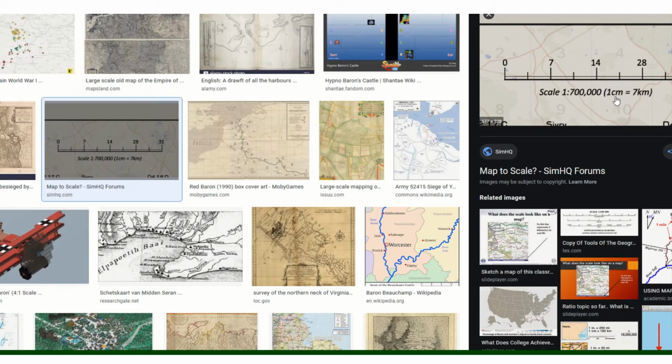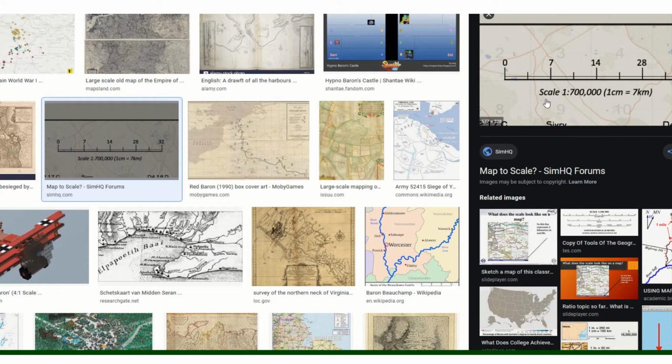While you are using a scale or a ruler, each centimeter will be equal to 7 kilometers. Suppose the distance between New York and California is about 10 centimeters. You will multiply 10 by 7, so it will be 70 kilometers on the earth.